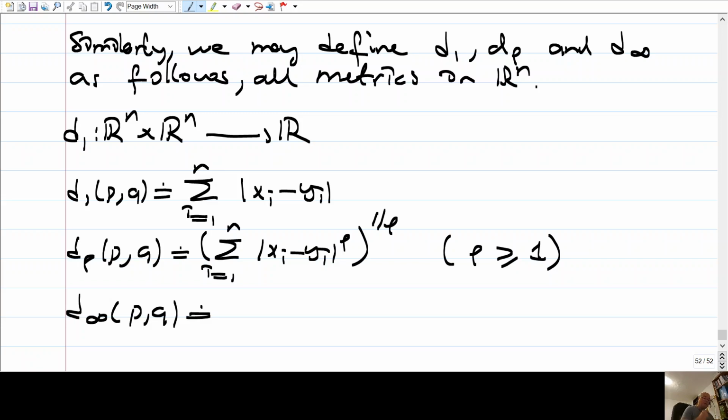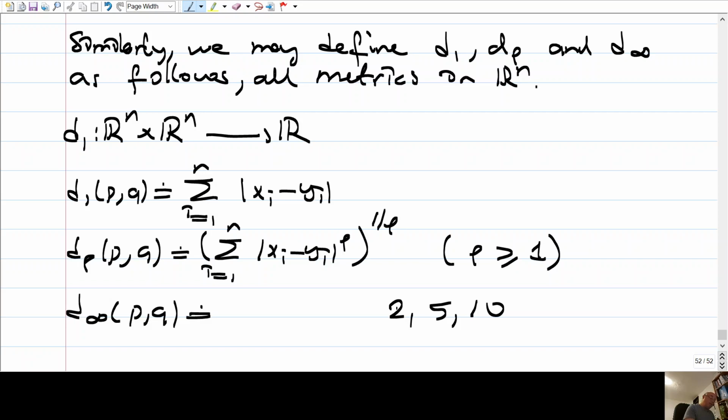As this notation suggests, we will just take the limit of this as rho goes to infinity. As rho goes to infinity, what happens? You take powers. Suppose you have 3 numbers and you are taking powers of them, and whichever is the biggest dominates. Let's say for example you have 2, 5 and 10.